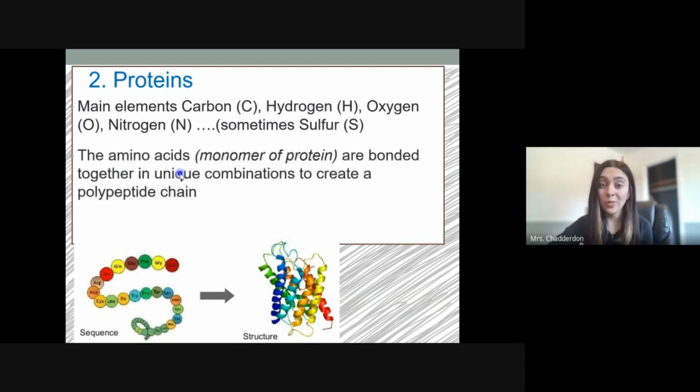The monomer of a protein is amino acids. These amino acids are bonded together in different combinations to create what we call a polypeptide chain. So here are different amino acids bonded together to form a polypeptide chain. This is the polymer, right?